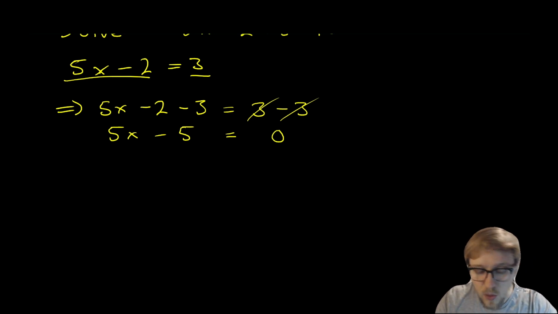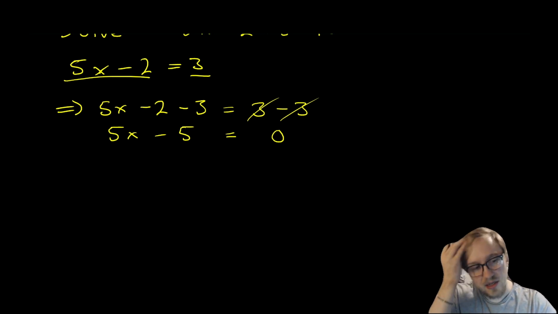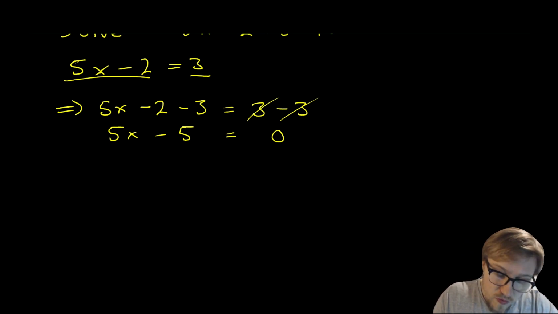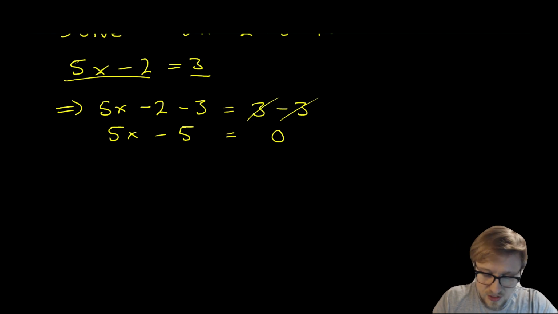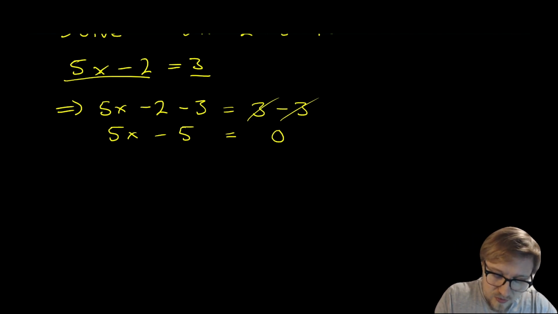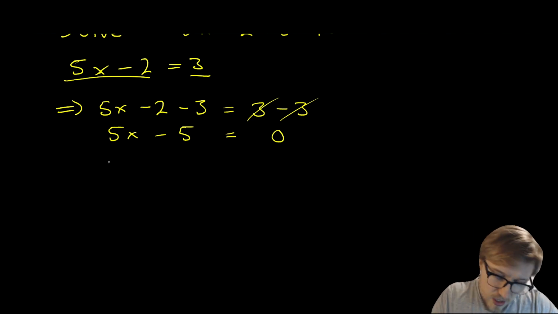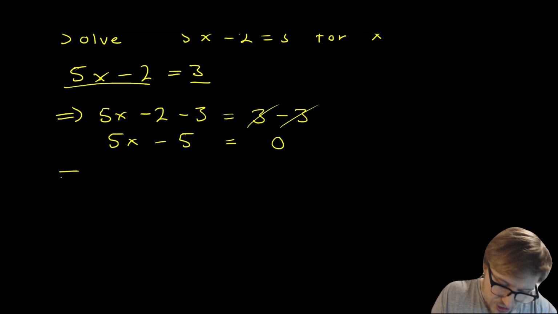Okay, so that's going to be after collecting everything on the one side. So we want 0 on one side of the equation and the rest of the terms on the other side. Now we want to move all the constant terms to the other side of the equation. So in this case, we want to move the minus 5 over to the other side, which means that we're going to add 5 to both sides of the equation.